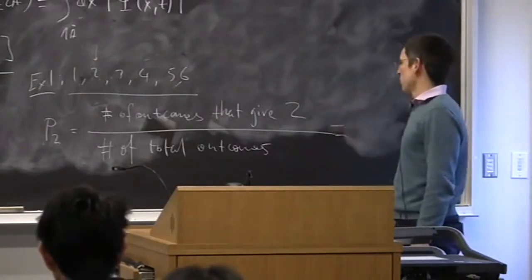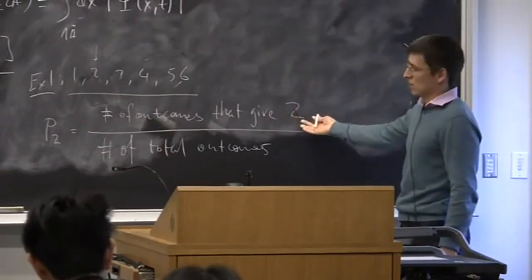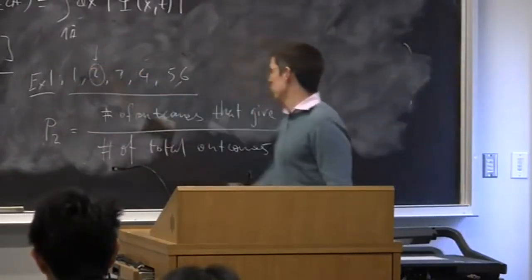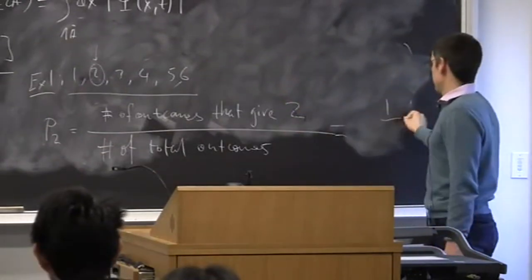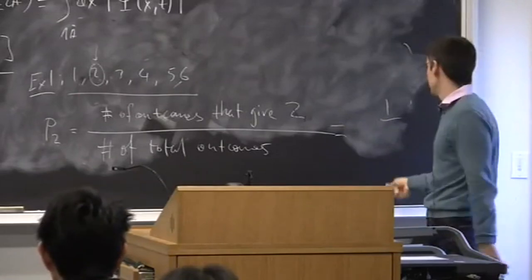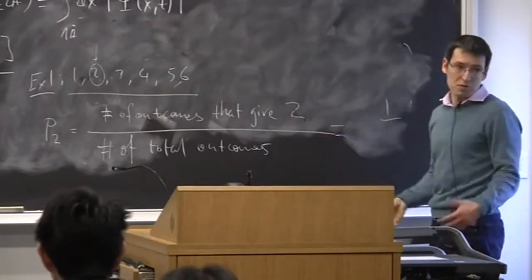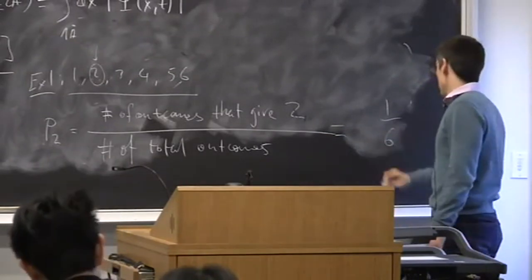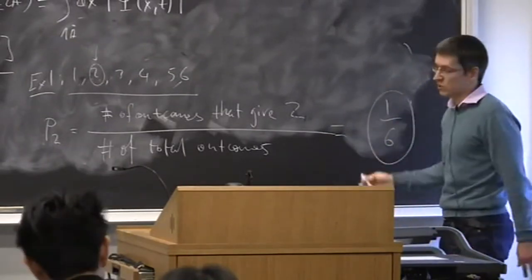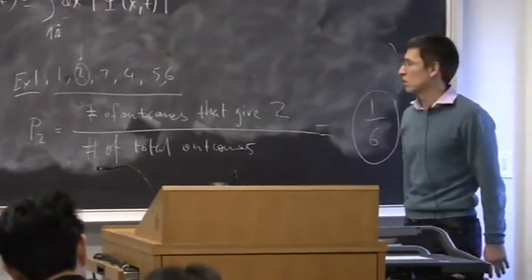In this problem, the number of outcomes that give us the number we're interested in, 2, is just 1. There's only one 2 on the whole dice. Other numbers are different, right? And then we divide 1 by the total number of outcomes. There are only 6, right? So 1/6 is the probability to get number 2 when you throw the dice randomly.